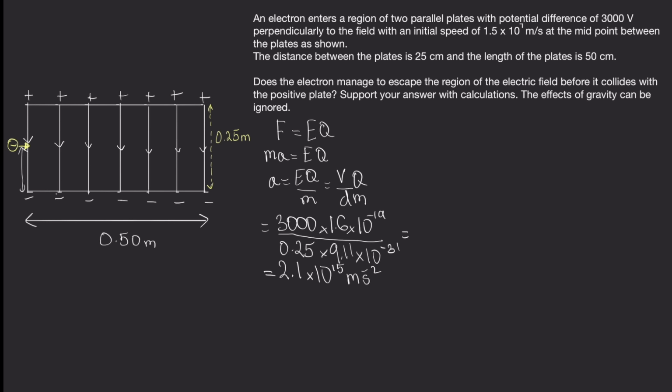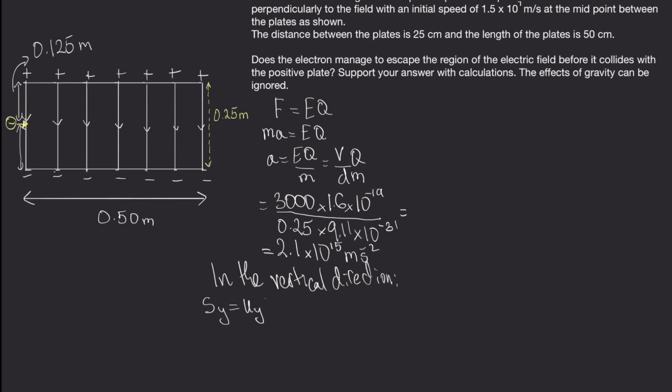So we can work out the time for it to strike the plate just using suvat. In the vertical direction, the vertical displacement, let's call it Sy, will be equal to the initial speed in the vertical direction multiplied by the time plus a half at squared. Now, initially the velocity was purely horizontal, so we can essentially get rid of this term.